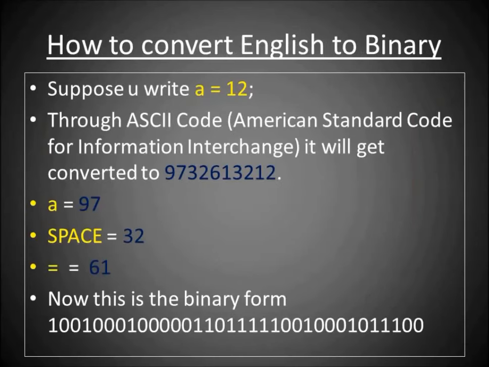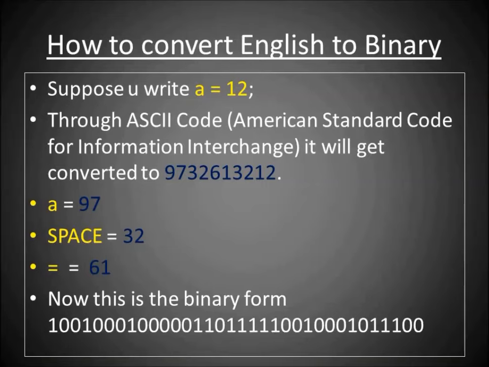So how does a compiler convert English to binary? Suppose you write a = 12, and through ASCII code, American Standard Code for Information Interchange, it will get converted to 97 32 61 32 12.